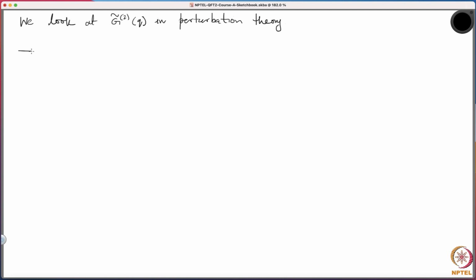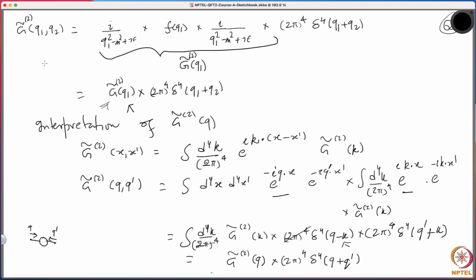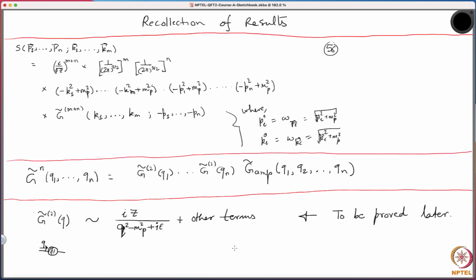Here this is a 2-point function. When I put a shaded blob like this, it denotes the 2-point function g tilde 2 with one argument q. The full function has two arguments, but right now this blob denotes g tilde 2 with one argument.